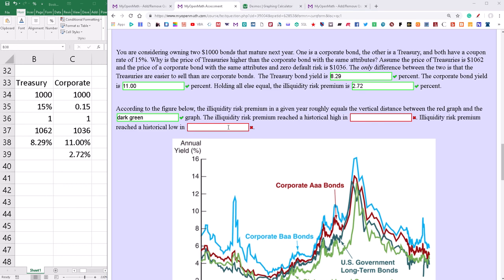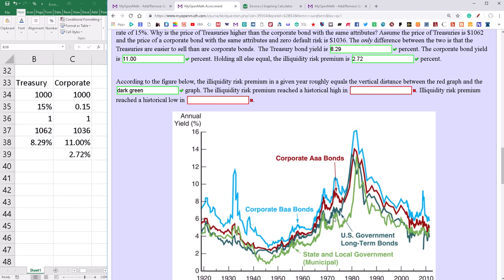So I had to go and edit the question. This was a copy and paste error. So the illiquidity risk premium reached a historic high in what year? So we're looking at the difference between red and green. Well, down here is probably 0 here. So I would say 1945.